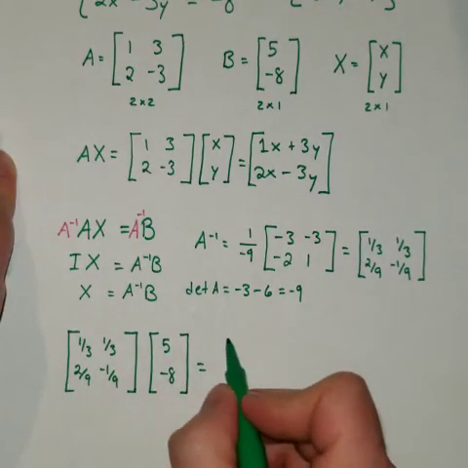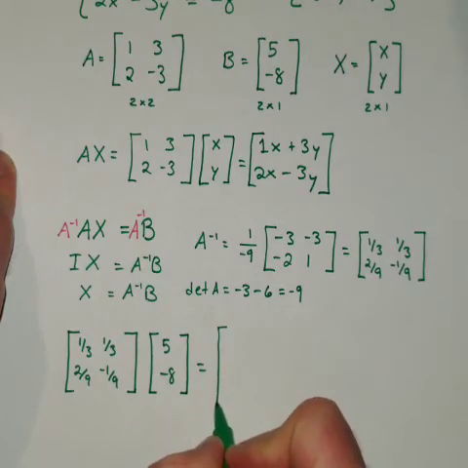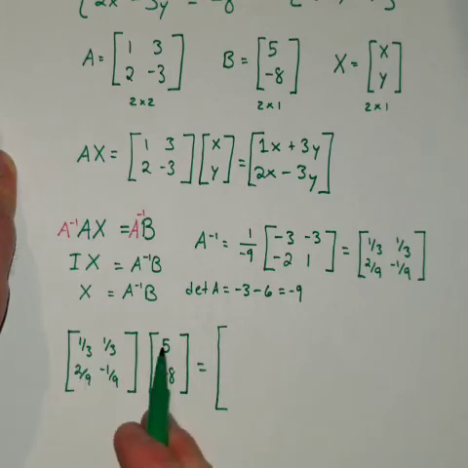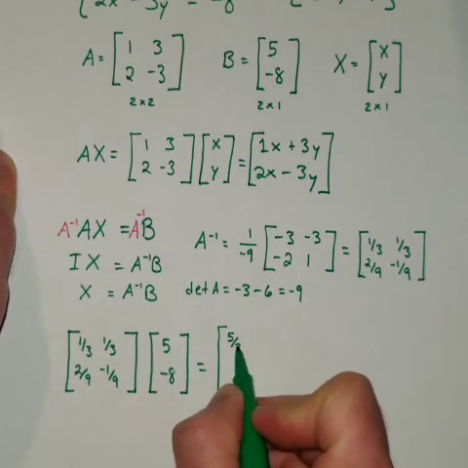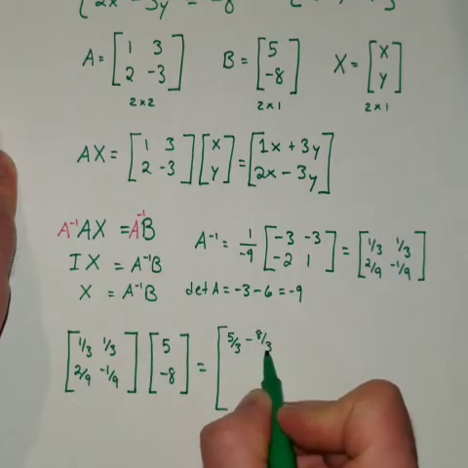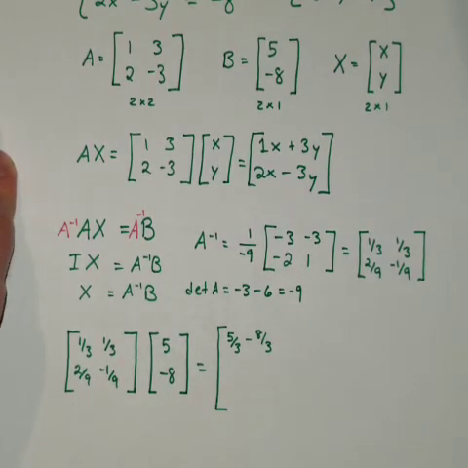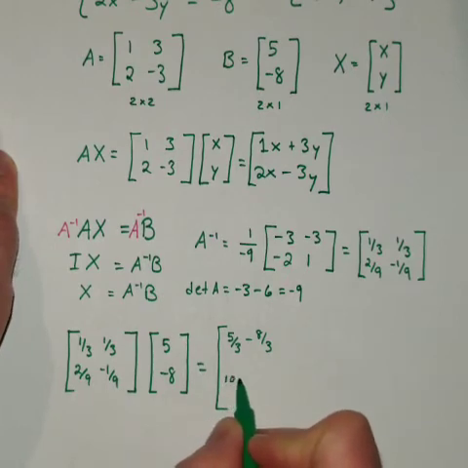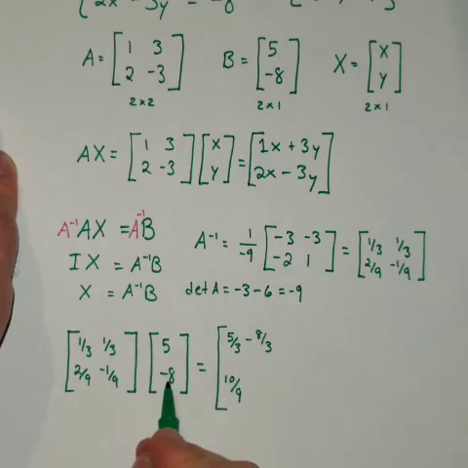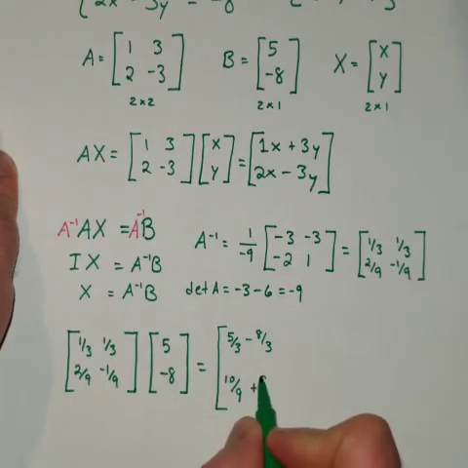It's going to be a little bit messy with the fractions, so I'll give myself a little extra room here. First row, first column. 1/3 times 5 is 5/3. 1/3 times -8 is -8/3. Then second row, first column. 2/9 times 5 is 10/9. -1/9 times -8 is +8/9.